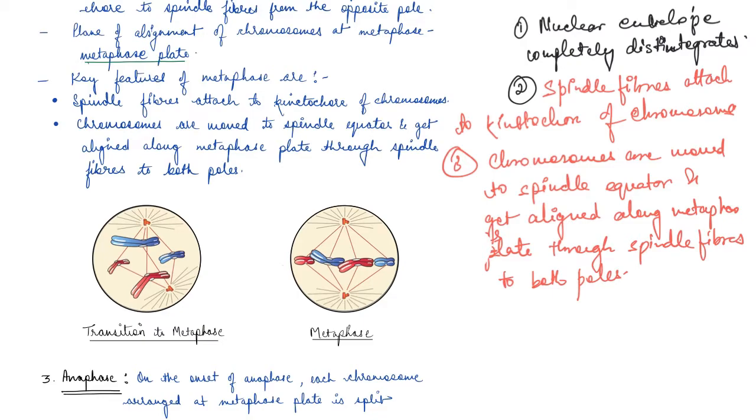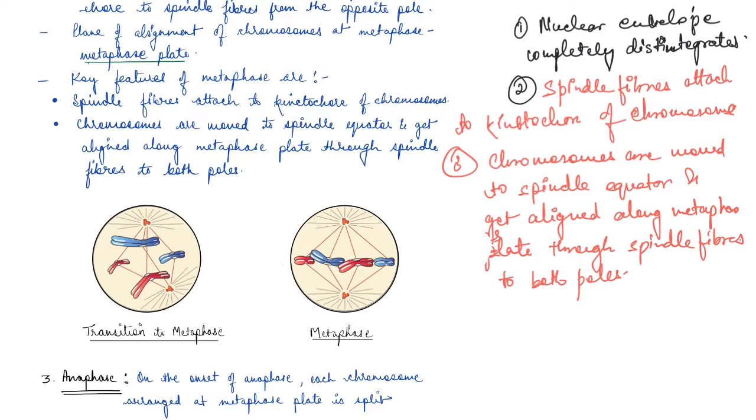So now we have spindle fibers formed, and these spindle fibers are present towards both the ends, north as well as south, right? Now these are getting attached to the chromosomes through the kinetochores which are present on the centromere, and there is an alignment.